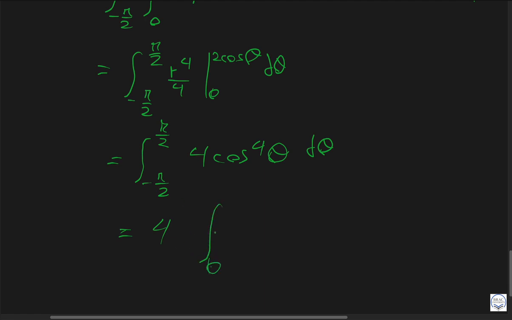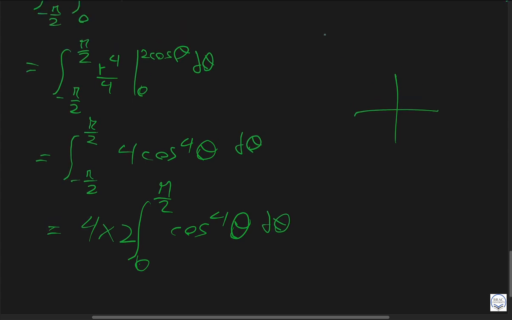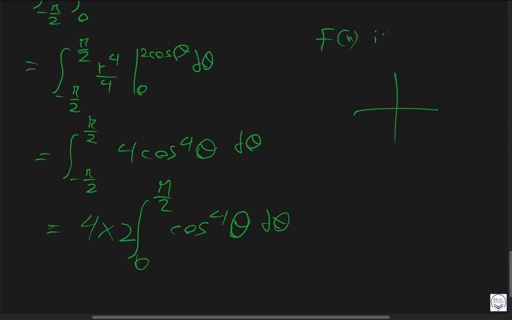Now we will exploit the property of an even function, where we can shift the integral and start it from 0 till one of the limits, putting a 2, and we just shift the interval. The reason we can do that is, if you remember, whenever f of x is even, we have symmetry on the y-axis, which looks exactly identical, as if the y-axis is acting like a mirror.